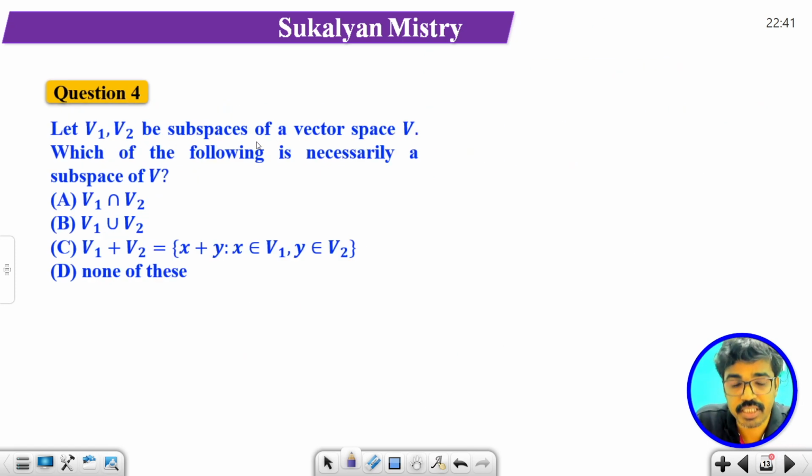Let V1, V2 be subspaces of a vector space V. Which of the following is necessarily a subspace of V?